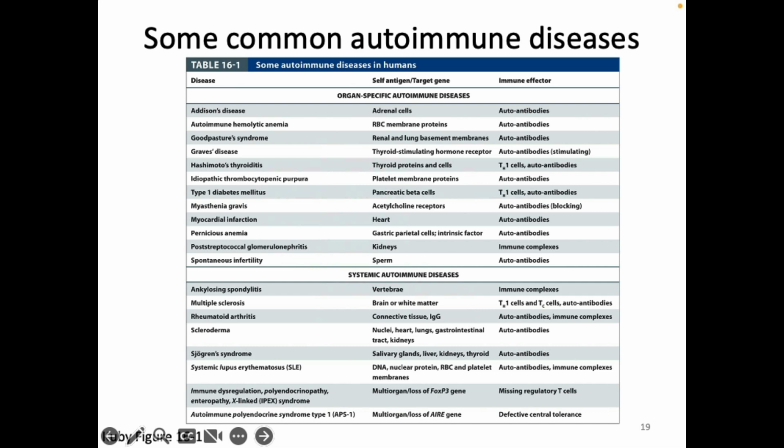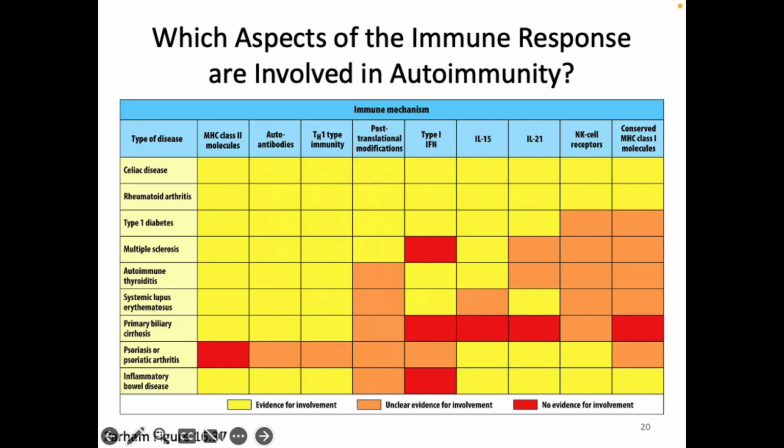When we talk about autoimmune diseases, we often talk about them as being either mediated by T cells or mediated by antibodies. We usually talk about a particular type of immune response that is really important for those diseases.